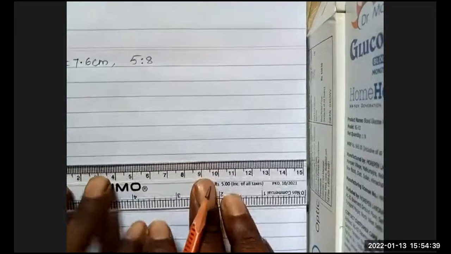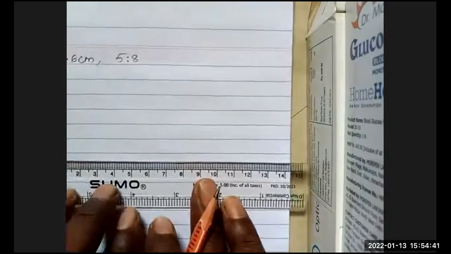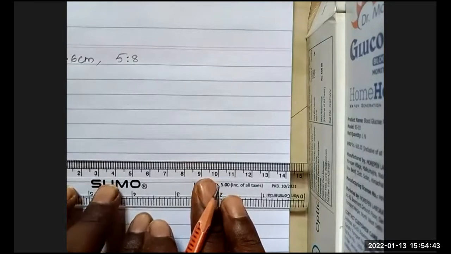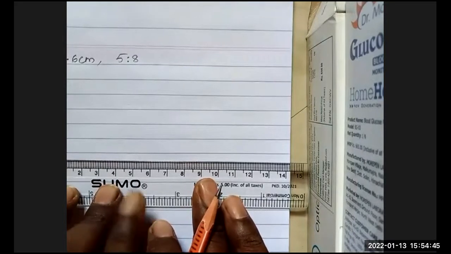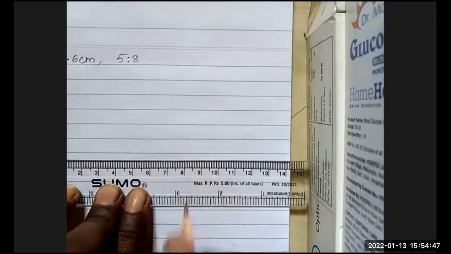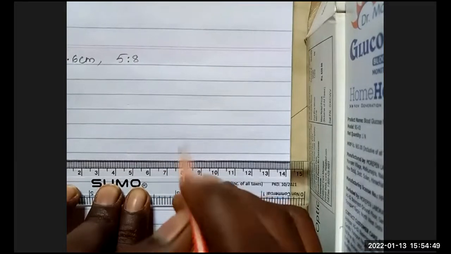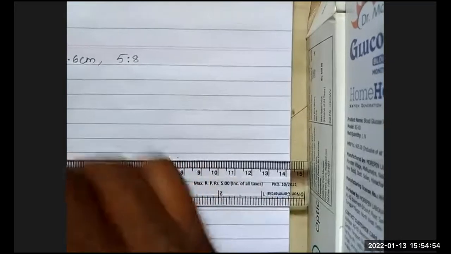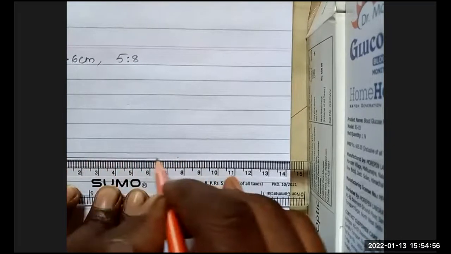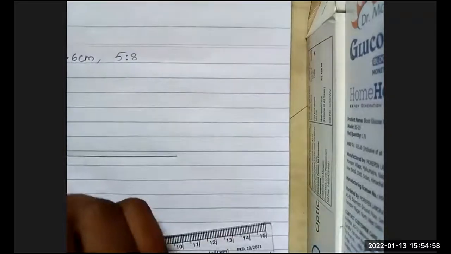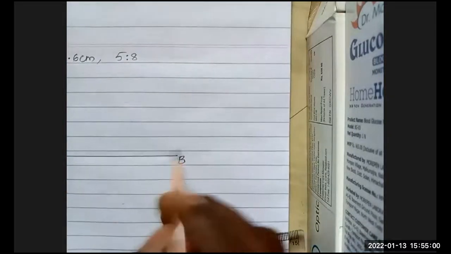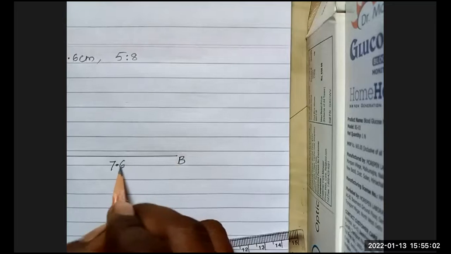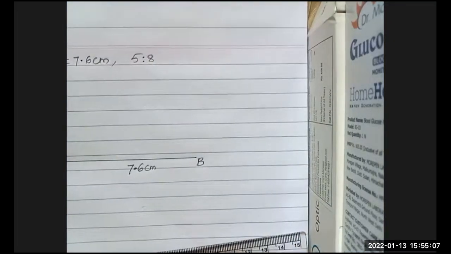So first, I'll draw a line segment of length 7.6 centimeters, starting from 0 to 7.6. So I have drawn it. This is A and this is B, which is 7.6 centimeters. Construction of the line segment of 7.6 centimeters is over.